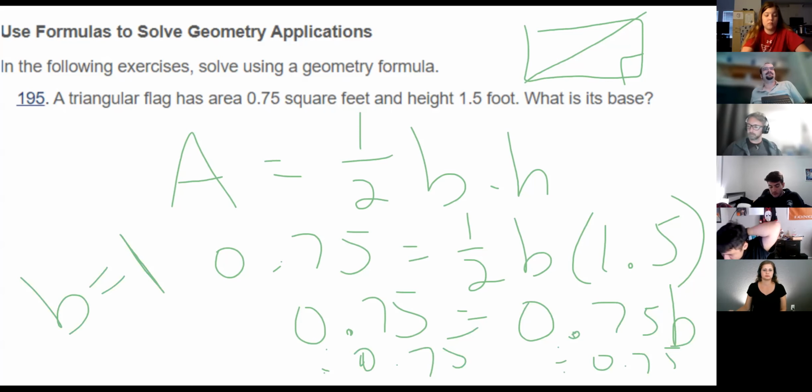1 what? This is a word problem. We've got to think about the English, putting the English back in there. What's the base? 1, the metric here is feet.